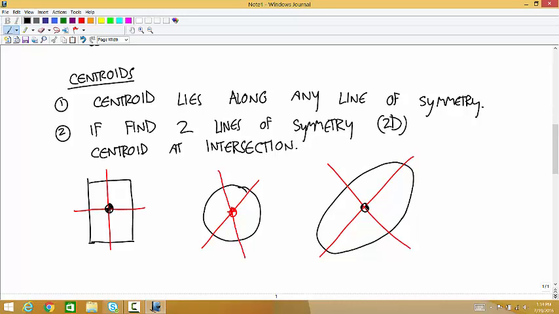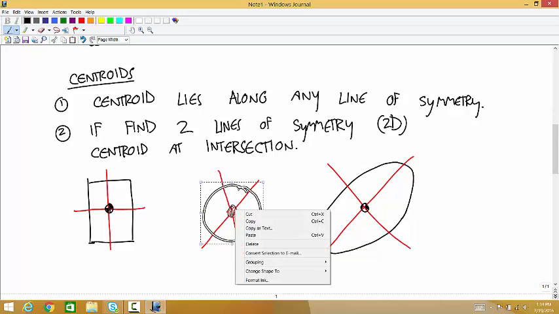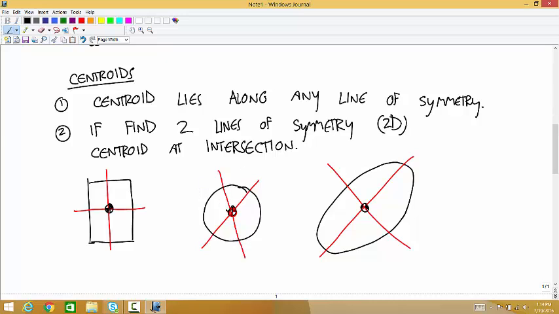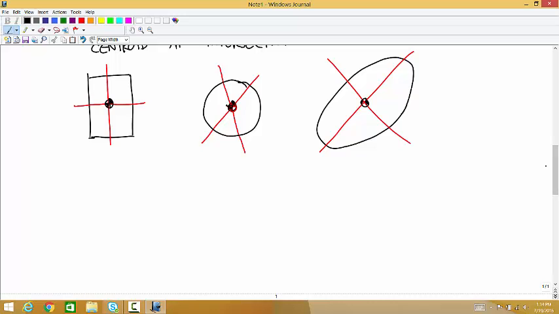An ellipse has these. And then the other shape we're going to use all the time is a right triangle. In 3D, in this class, we're not going to use 3D centroids, but what's the equivalent of the two lines of symmetry thing in 3D? 3 lines of symmetry.